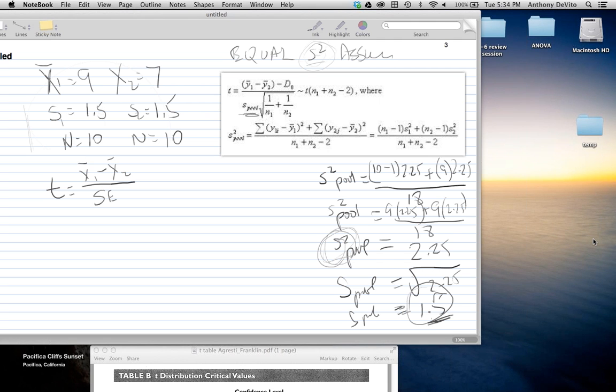Why is the equal variance formula more complicated than the unequal variance formula? Without doing the derivation, that would be hard for me to explain. That's a good question.